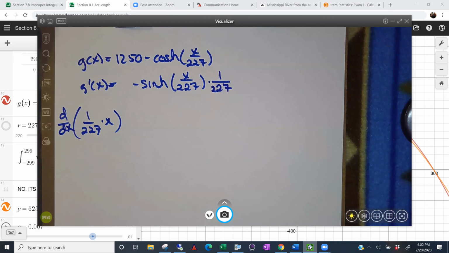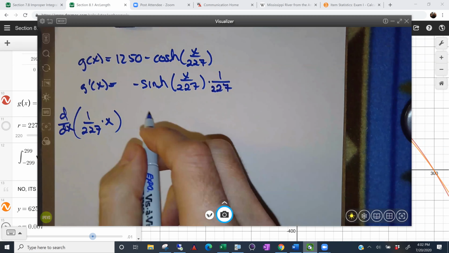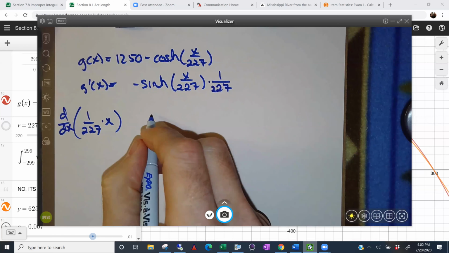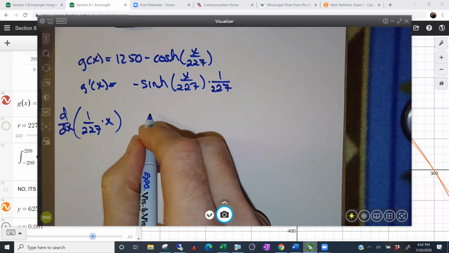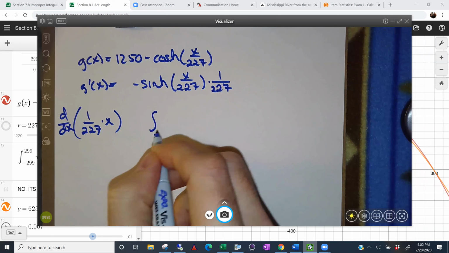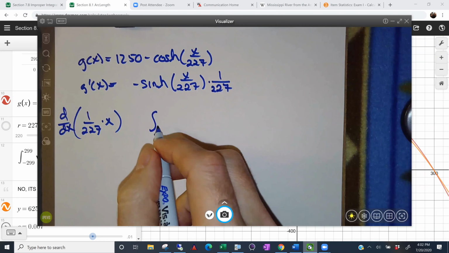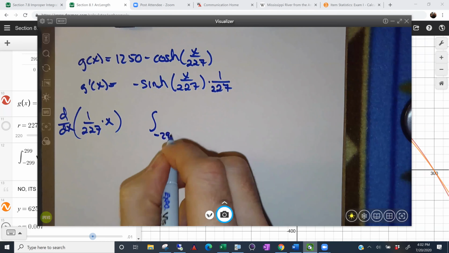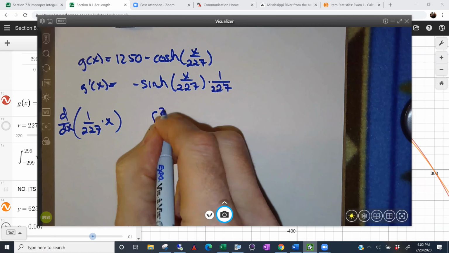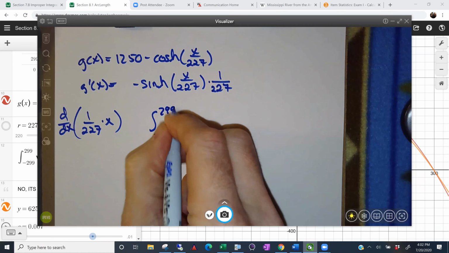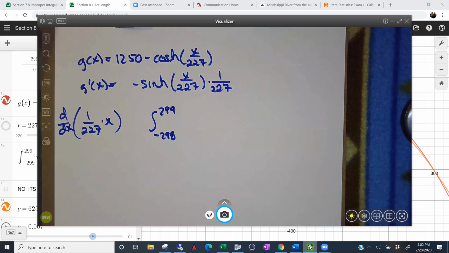So like that. So the integral that we would need to set up would be the integral from negative 299 to 299. Sorry, 298, actually 299.